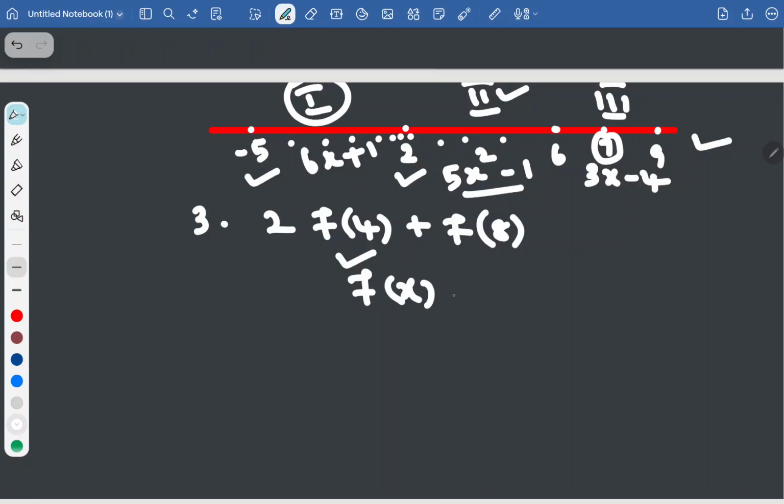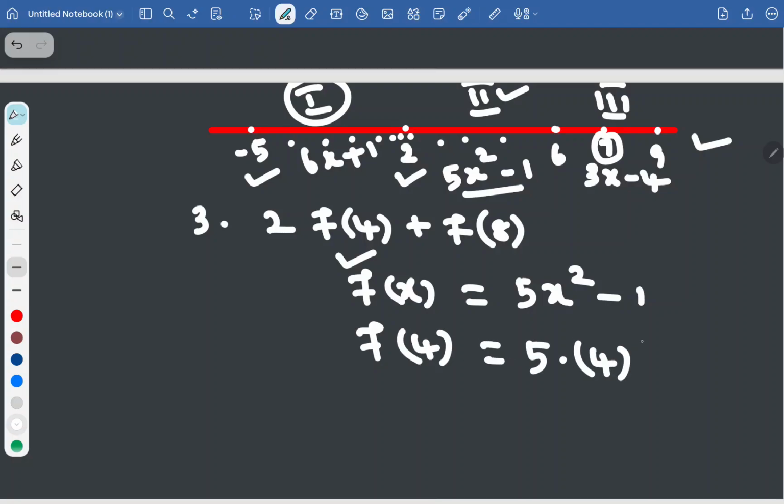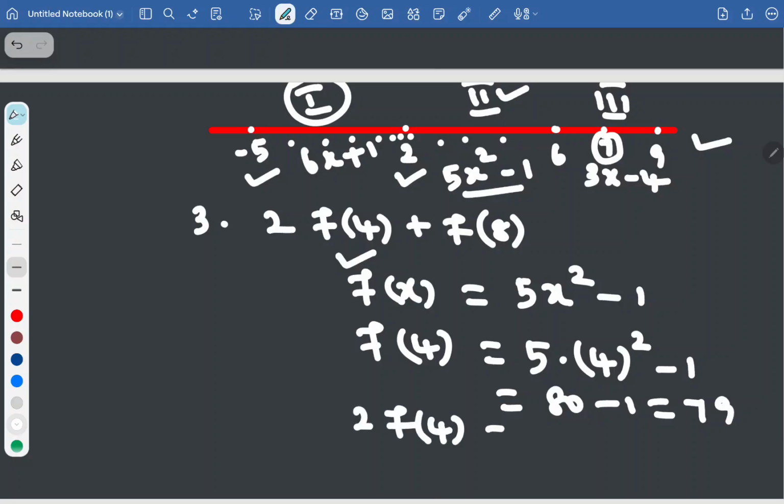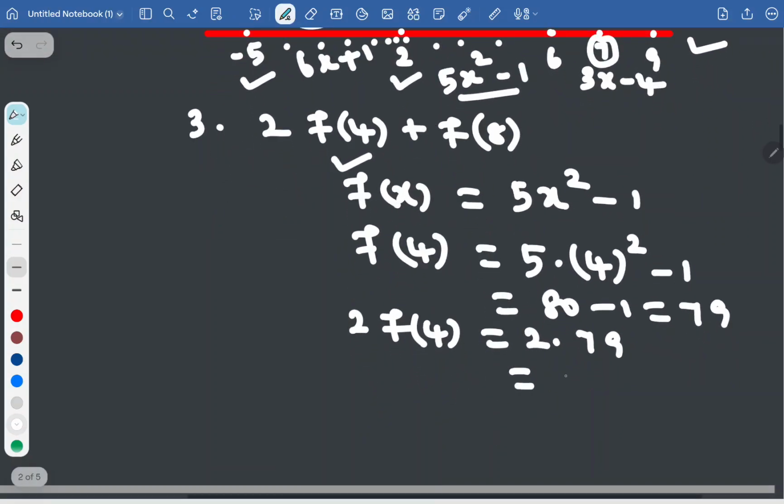For the second interval, what is f of x? 5x square minus 1. Find f of 4. 5 into 4 square minus 1. 4 square is 16 into 5, 80 minus 1, 79. But we need 2 times f of 4. 2 times f of 4 means 2 into 79. Answer is 158.